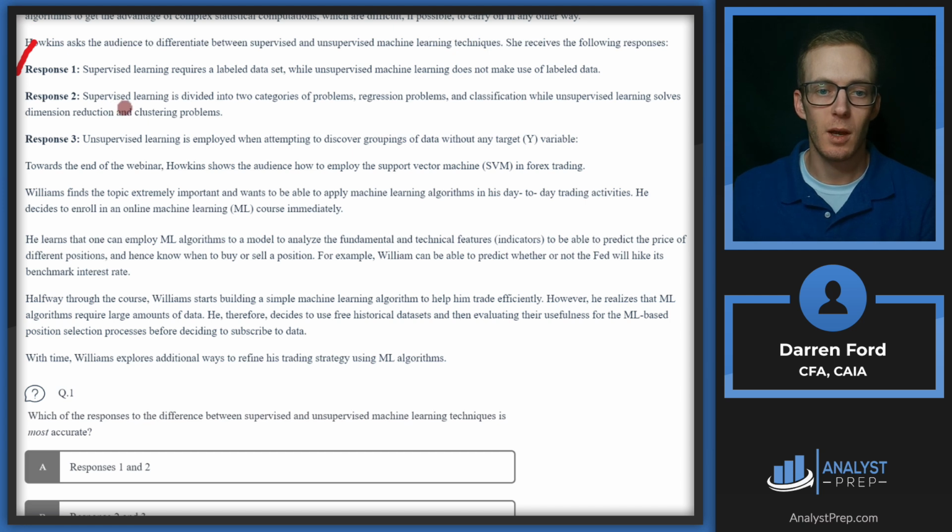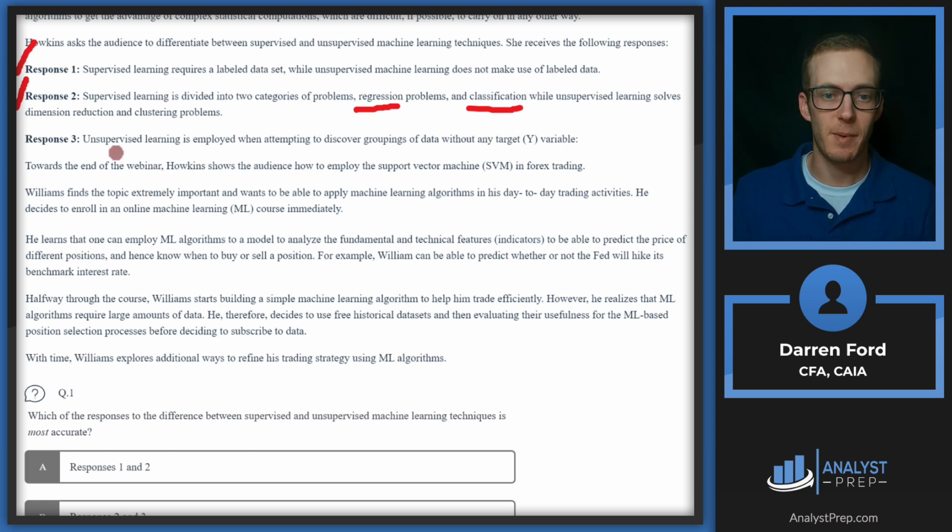Response 2, supervised learning is divided into two categories of problems, regression problems and classification. Those are definitely two types of supervised learning. And while unsupervised learning solves dimension reduction and clustering problems. That is also true. So we can go ahead and confirm that response 2 is also correct.